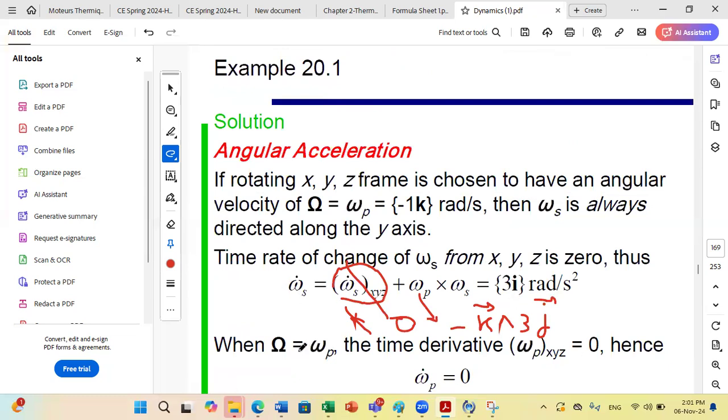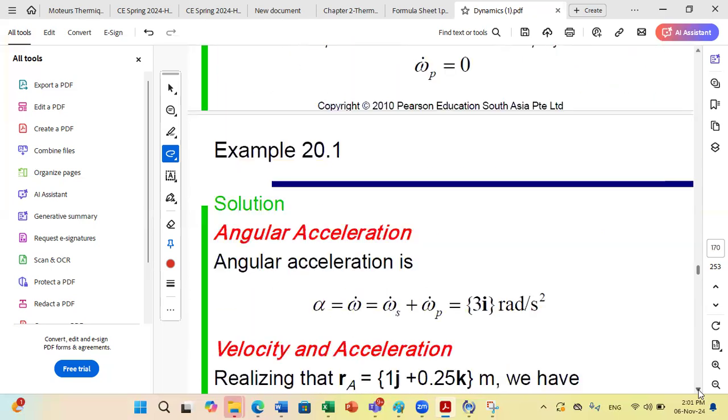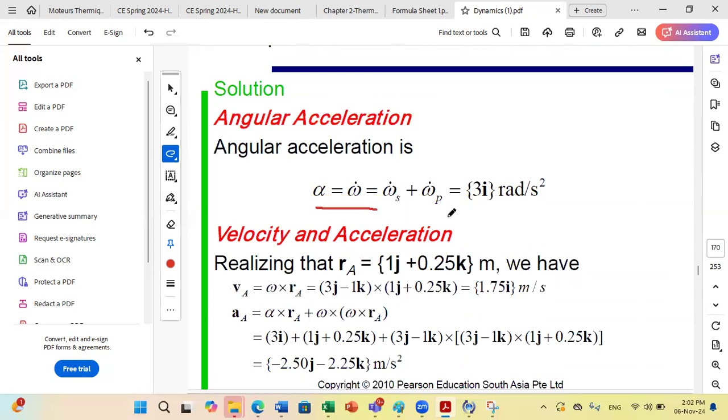And since, as we said, the derivative of omega p with respect to time is 0 because this vector is fixed in magnitude and in direction, we can deduce that the total acceleration in this problem is just 3i.